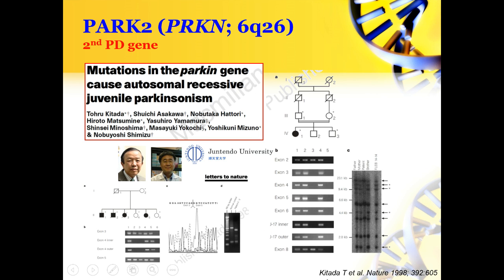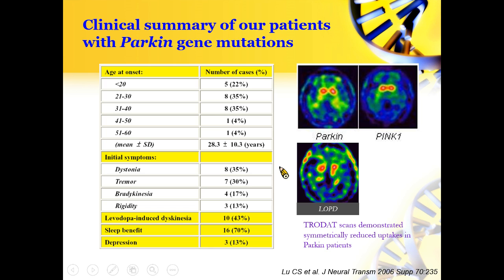The second PD-causing gene is the Parkin gene on chromosome 6q26. The Japanese group led by Professor Mizuno at Juntendo University identified that Parkin mutations are the major genetic cause of autosomal recessive juvenile onset Parkinsonism in 1998. In our 23 patients with Parkin mutation, the average age at onset is 28 years.